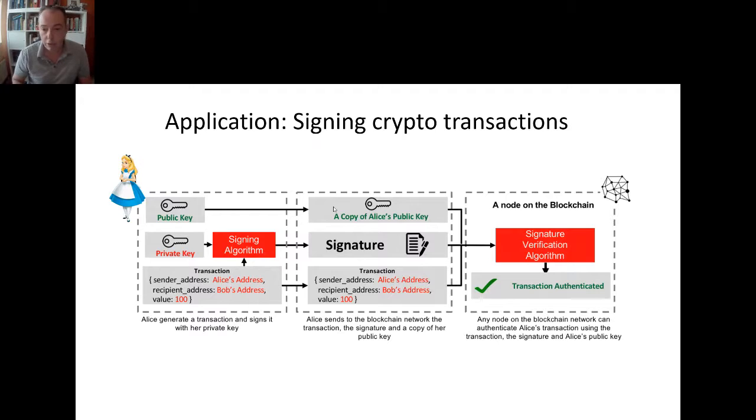Then the network can verify that the signature is actually correct, because it will take the public key and the signature, calculate the hash of the transaction, and if they match up, the transaction is authenticated, and you are sure that Alice is actually the one who initiated the transaction. So this is an application of digital signatures, used for example in signing crypto transactions.